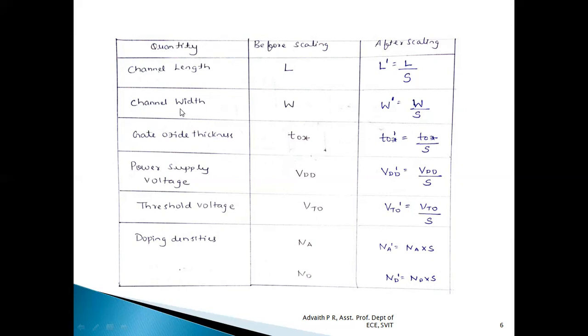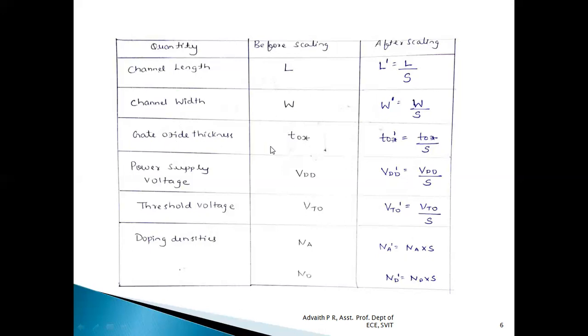Similarly, channel width. Before scaling, the channel width is represented as W. After scaling, we use W dash, which is equal to W by S. W dash is nothing but the new width which is obtained after scaling. Capital W is nothing but the previous, olden width of the MOSFET before scaling, and S is nothing but the scaling factor.